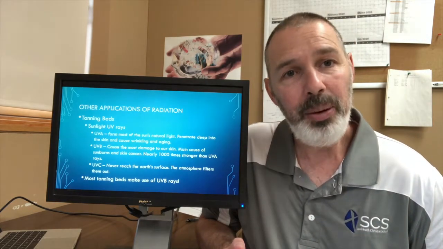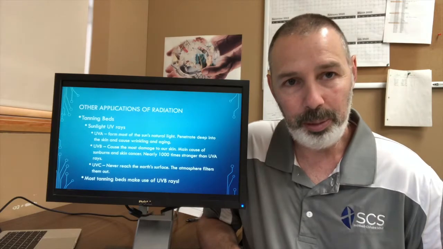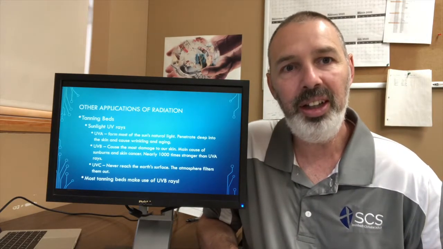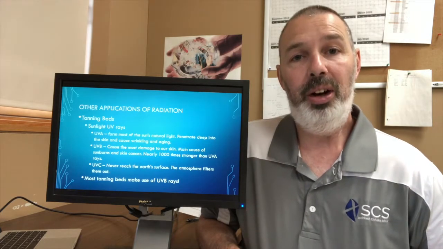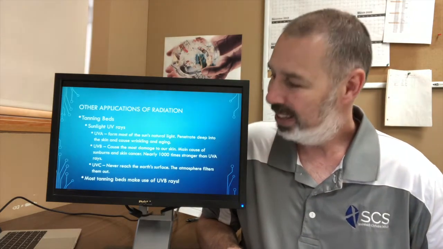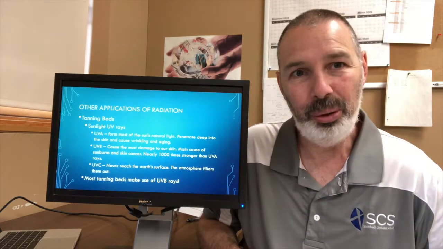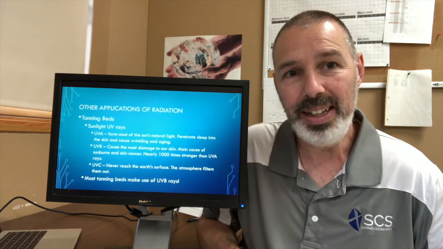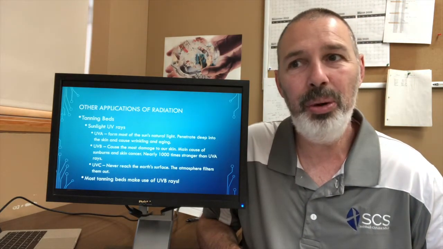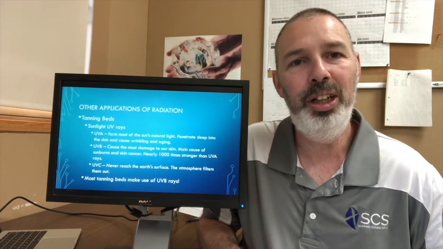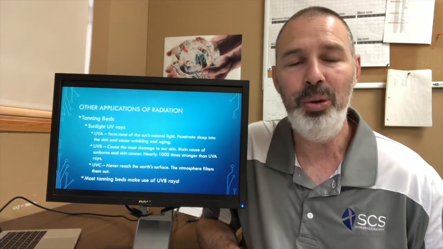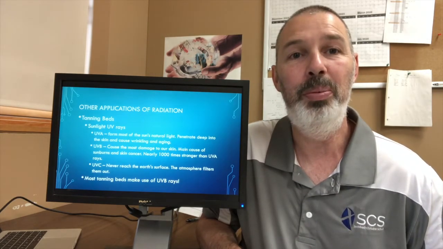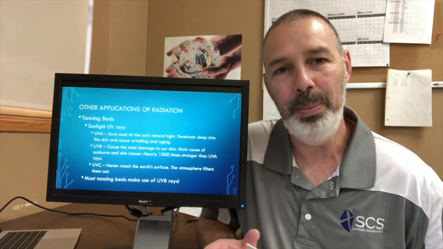All right, so we have UVA, which makes up the most of sunlight, and UVB rays, which cause the most damage. Now, tanning beds make use of UVB rays. When you go into a tanning bed, you are exposing yourself to UVB rays because it's the UVB rays that give you that nice tan, and too many UVB rays cause a burn.